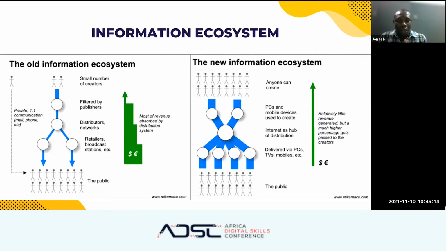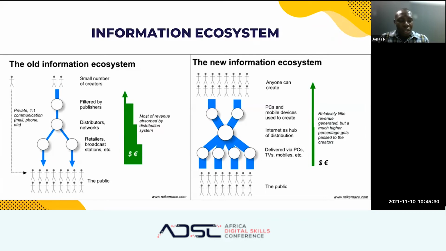That's very insightful. That's a very insightful example. So one thing I didn't talk about with regards to the old and the new information ecosystem was the fact that it also has an effect on revenue stream.